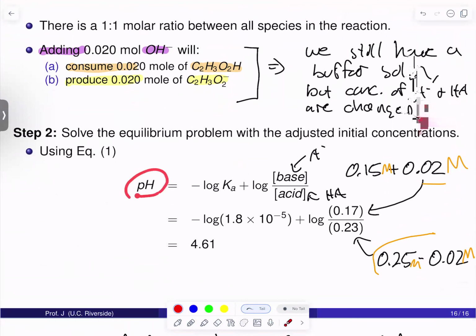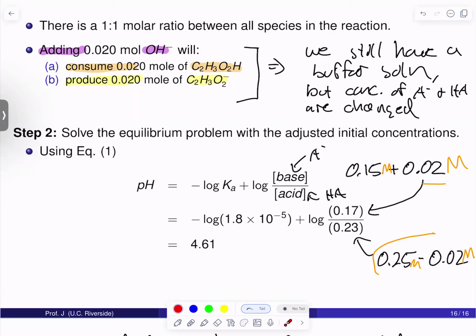Again, we could use an ice table here to calculate pH, but an easier path is just to go directly to the Henderson-Hasselbalch equation and write out our expression. pH is minus log of the Ka. We know Ka for this acid, and then plus log of the base over the acid, so A minus over HA.